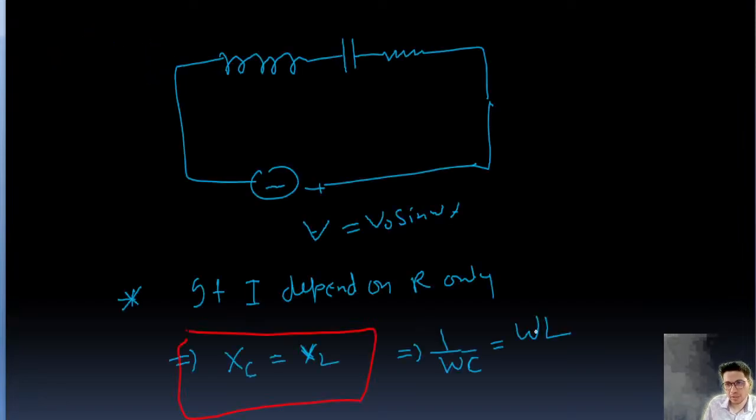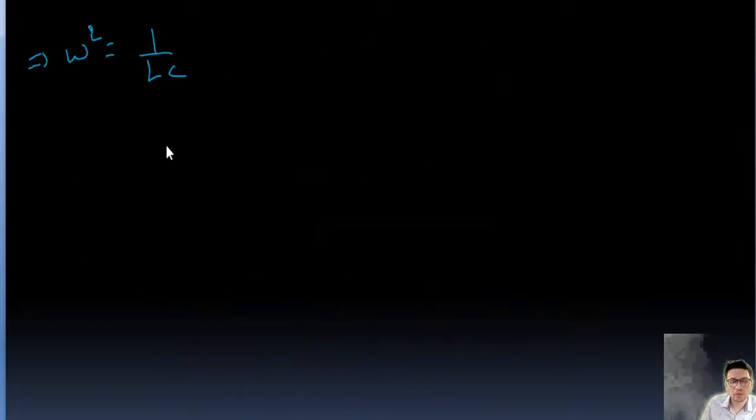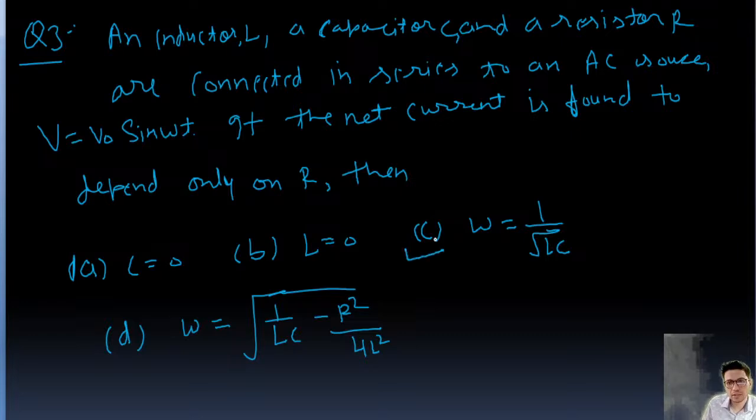This implies omega square is going to be 1 upon LC, then the value of omega is going to be 1 upon root LC. So this is the answer, guys. Which option is matching? Option C is matching, option C is the correct option.